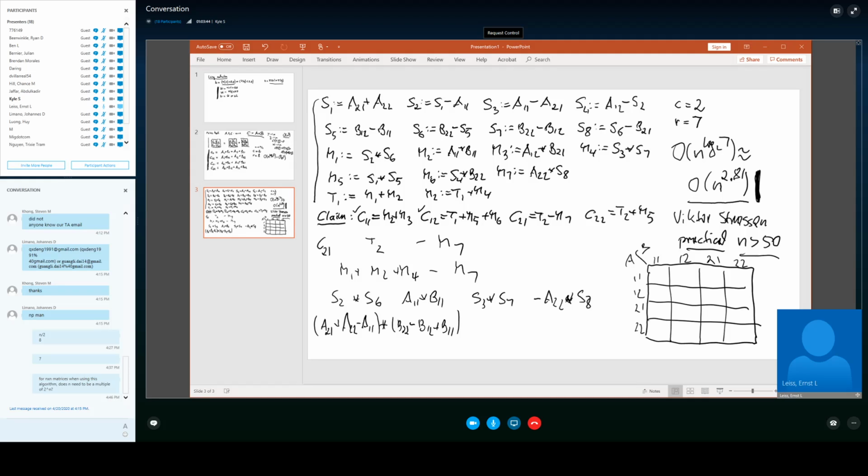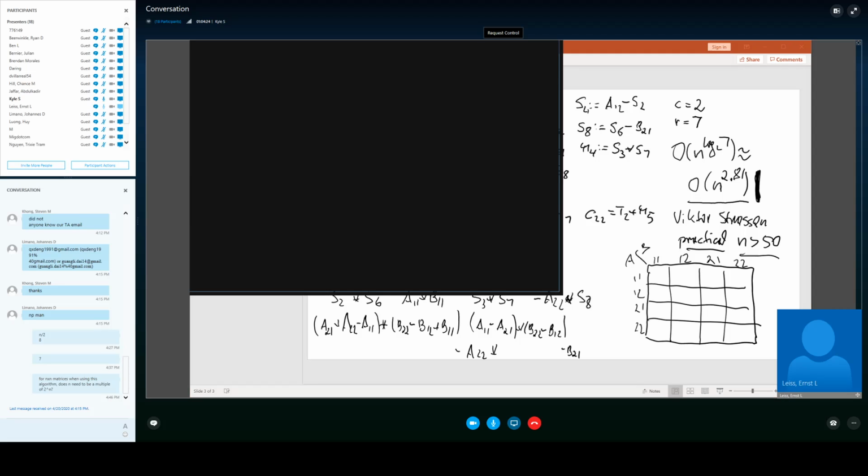Then we have that, and then we need the S3, which is A11 minus A21 times S7, which is B22 minus B12. And finally, we need A22 times S8, and the S8 is S6 minus B21.